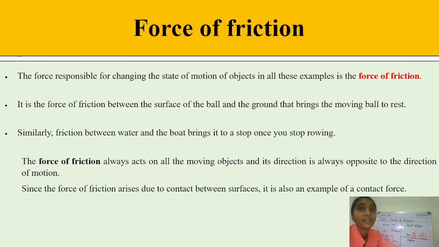And if you have to list a few more examples where the force of friction is involved, you can write your answers in the comment section. Yes, very good, students. You must be saying that if we just roll out a toy car on the ground, the toy car will also move for a short distance, right? You might have played with that car in your childhood also.